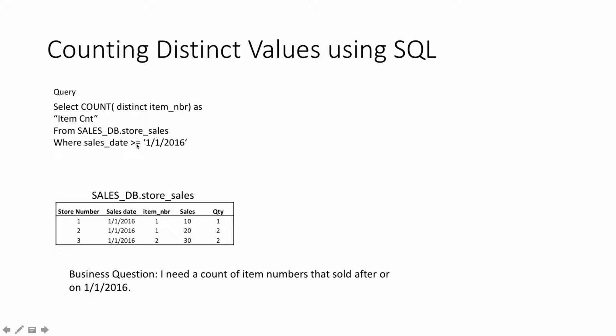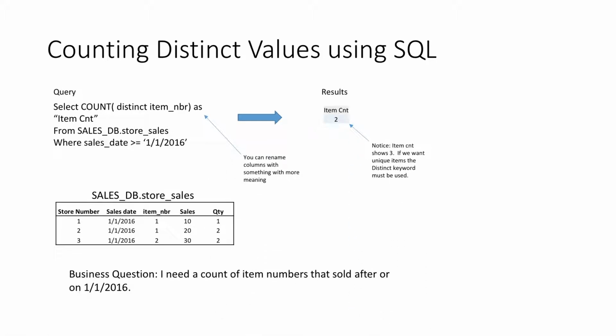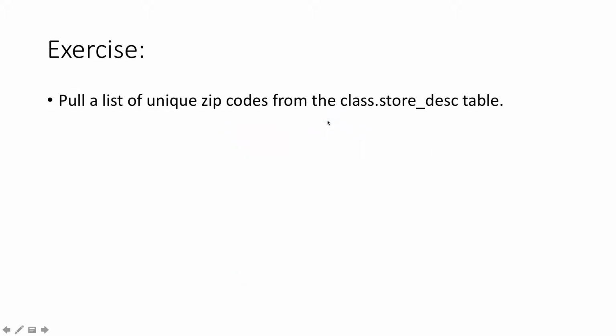And here's where we use the greater than or equal to operator, where sales date is greater than or equal to 1/1/2016. If you see now, we have an item count of 2. Even though we had a where filter, it's going to return all rows because all these dates are equal to that, and we have 2 unique item numbers. And again, we renamed the column to something that made more sense for us, item count.